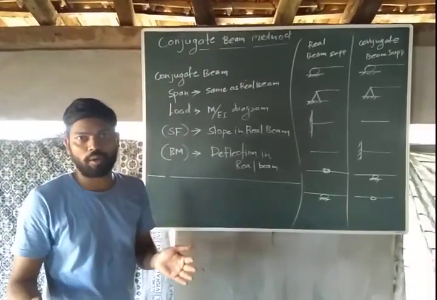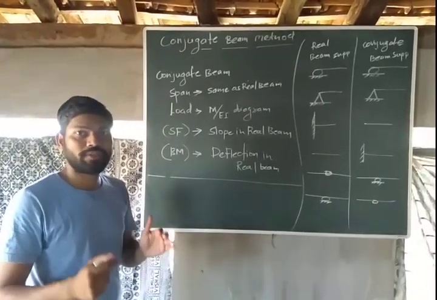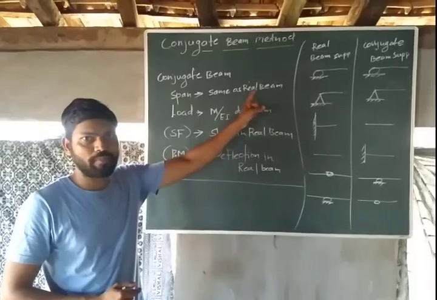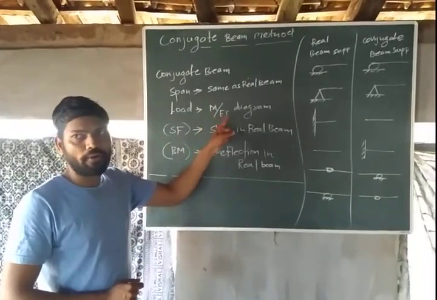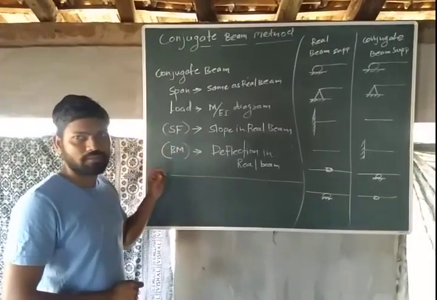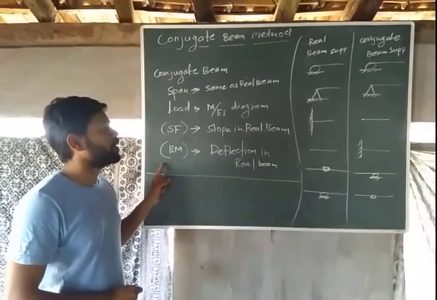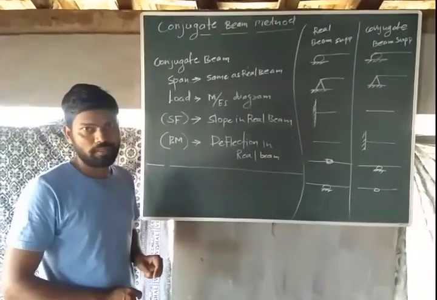So what is the definition of conjugate beam? A conjugate beam is an imaginary beam with span the same as the original or real beam. Load will be the M upon EI diagram. Shear force in the conjugate beam will be equal to slope in the real beam. Bending moment in the conjugate beam will be equal to deflection in the real beam.